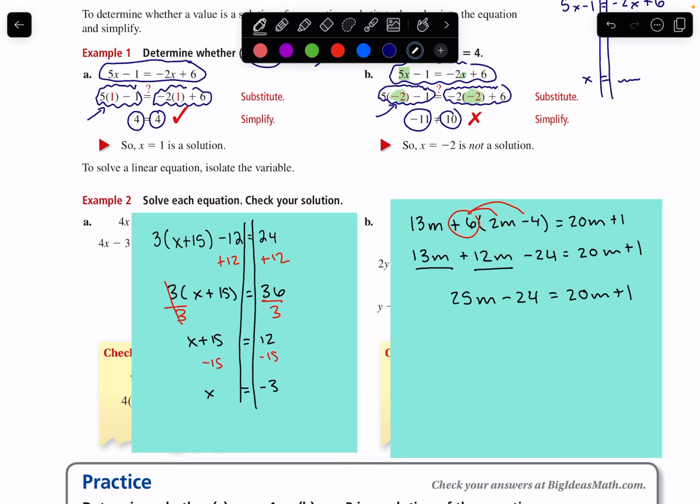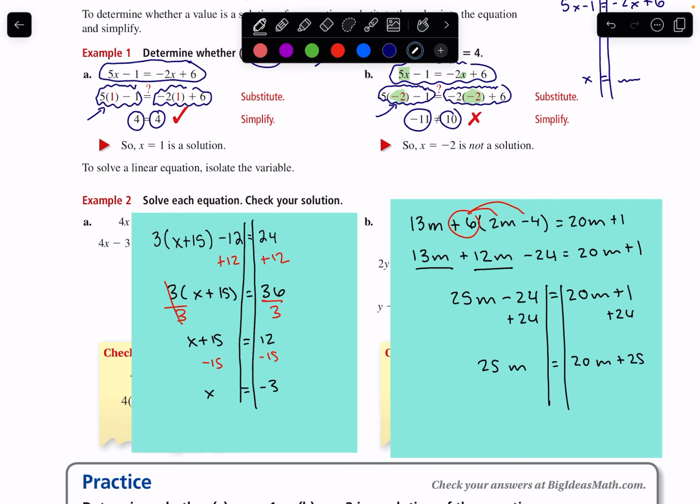Now my goal is to get m alone, so I do my railroad track thing. I'm going to add 24 to both sides. So over here I get 25m. Over here I get 20m plus 25, because the 1 plus 24 equals 25.